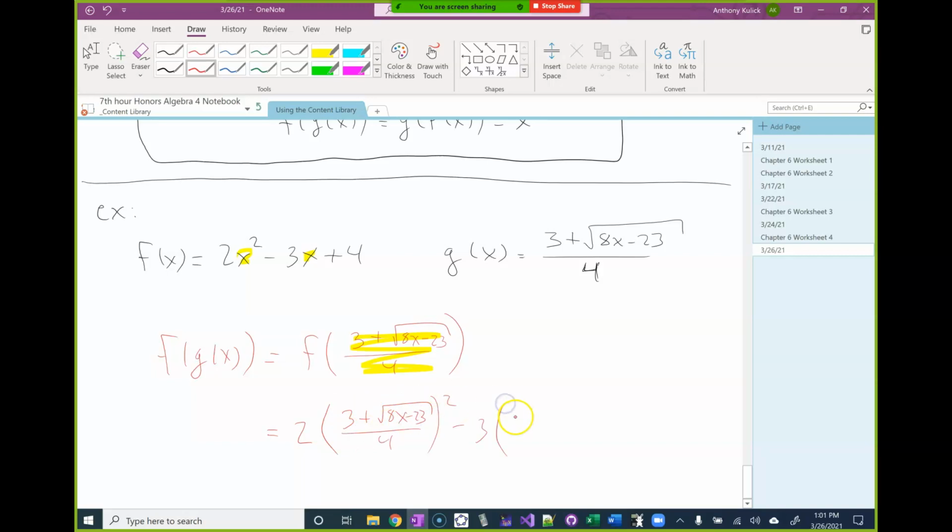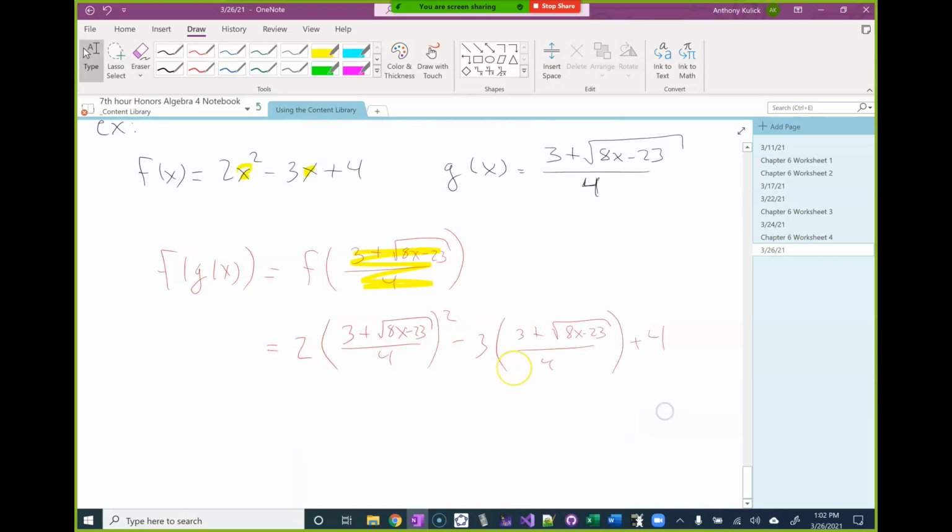All right. So I'm going to begin by foiling here because of the squared. Are you guys game to let me just foil that out in my head, or do you guys need to see it? Please say you're good. Okay, I saw one thumb, I'll take it. So that's going to be 9 plus 6 root 8x minus 23 plus 8x minus 23.